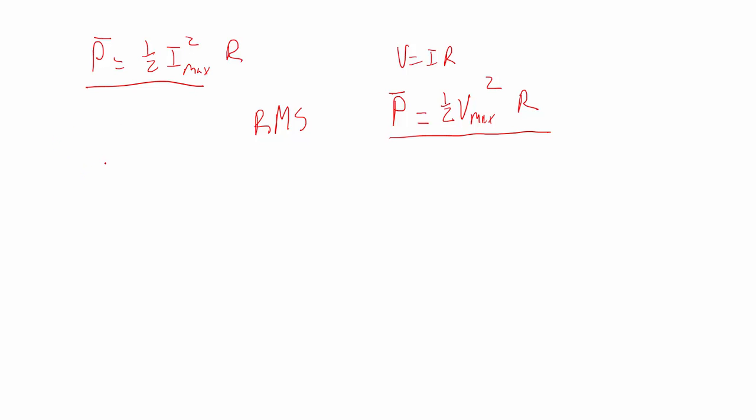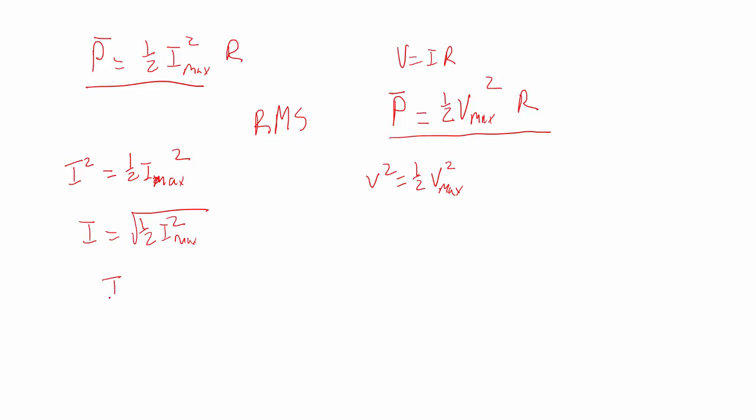For I max, we're going to solve for I. So let's see, if I squared equals 1/2 I max squared, and V squared equals 1/2 V max squared, then what we get is I is equal to the square root of 1/2 times I max squared.